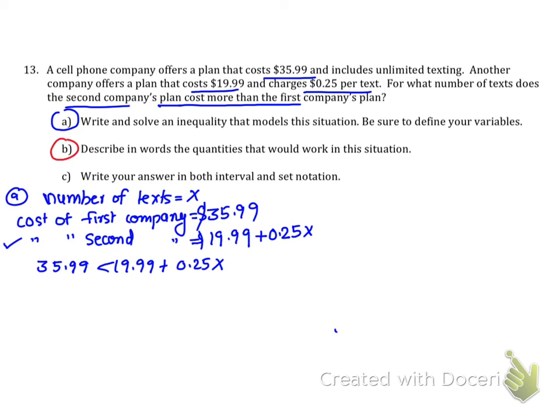Second question, describe in words the quantities that would work in this situation. So it means I have to solve this inequality. What I would do, I'll just continue from the previous answer.